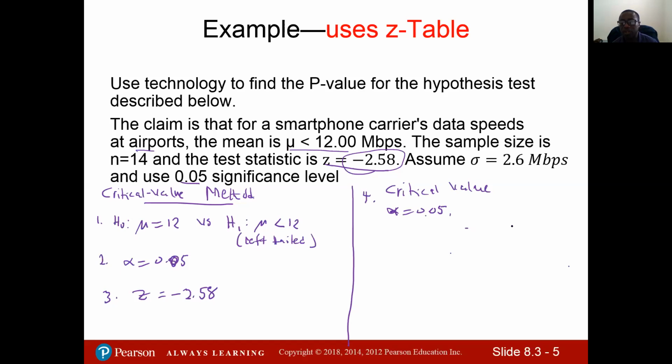If I draw the density curve, it's a left tail, right? This probability should be 0.05 here, and I want to find this z value. That should be negative. So I go to StatCrunch and calculate that value, or use a table.